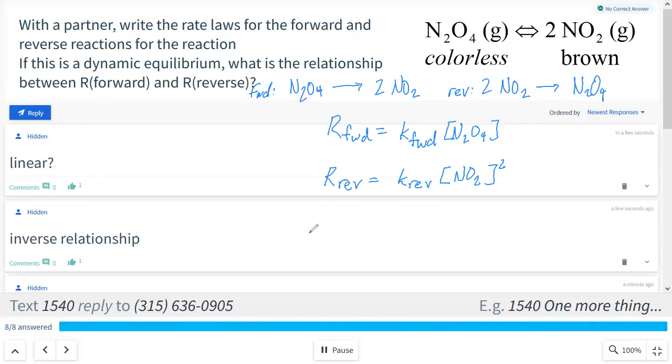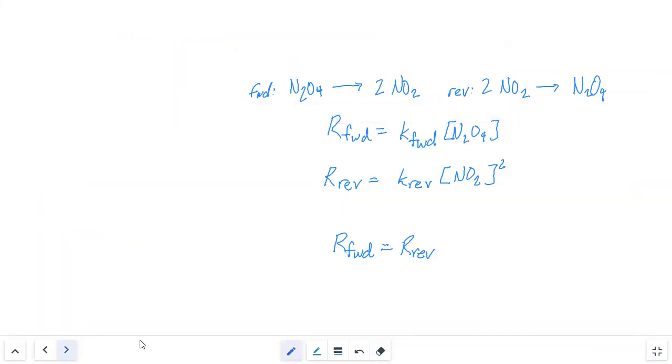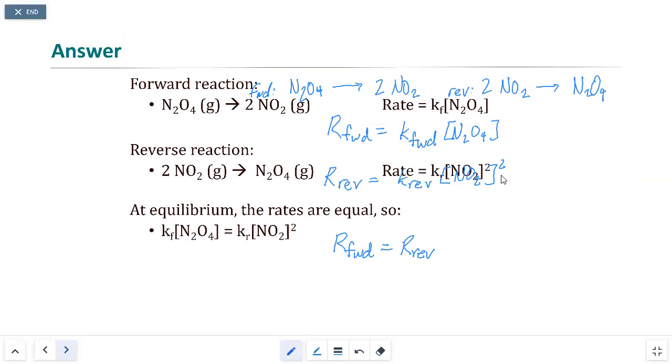And if the forward rate is equal to the reverse rate, what this is going to present to us is actually a really interesting finding.